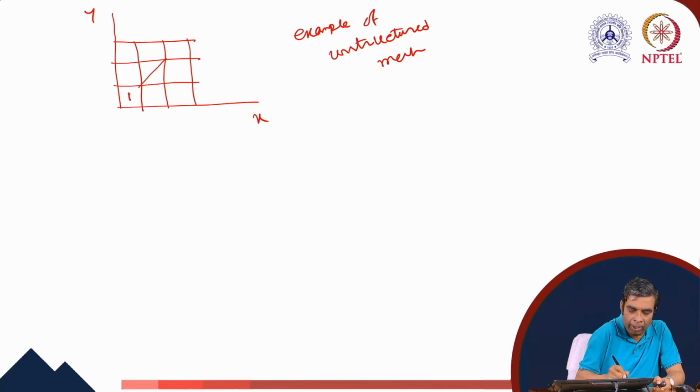So this is our global node 1, element number 1, 2, 3, 4, 5, 6, 7, 8, 9, 10.